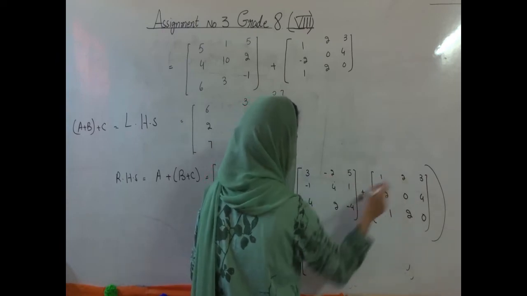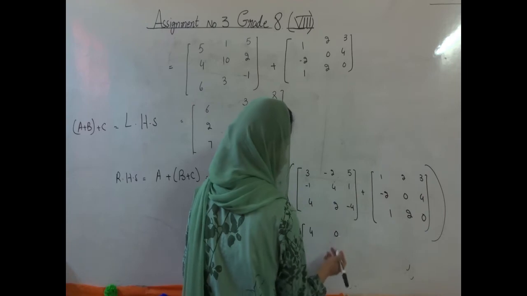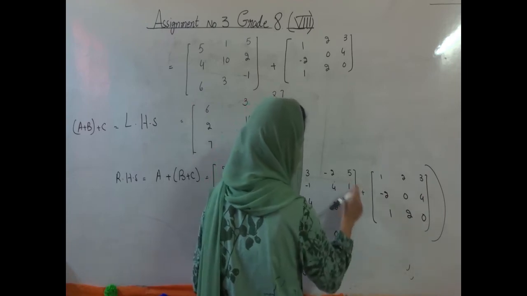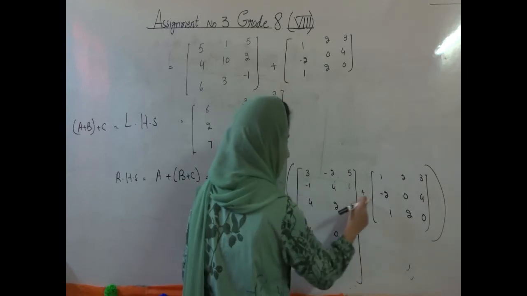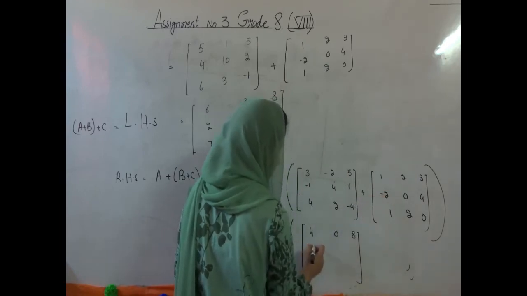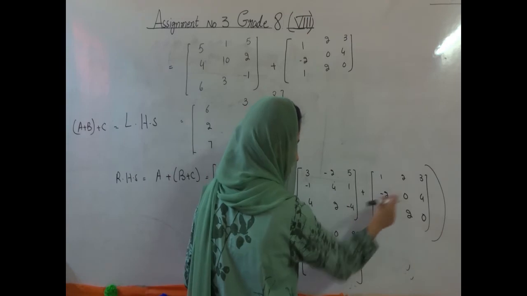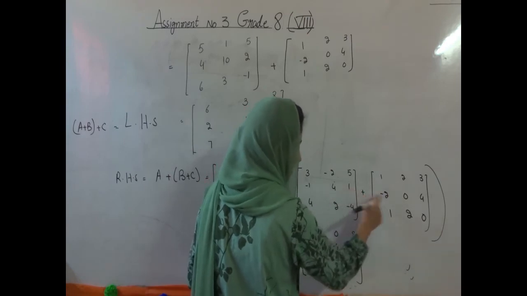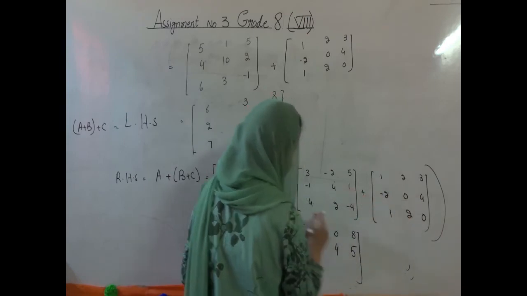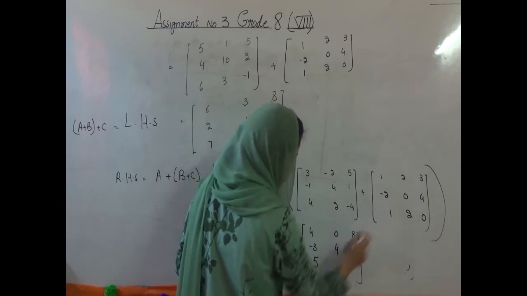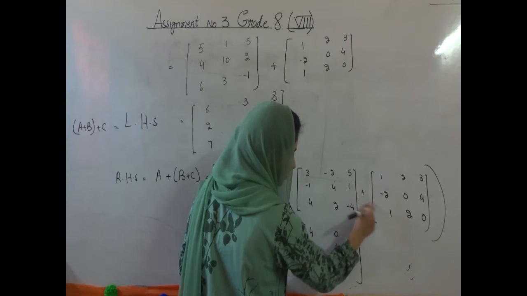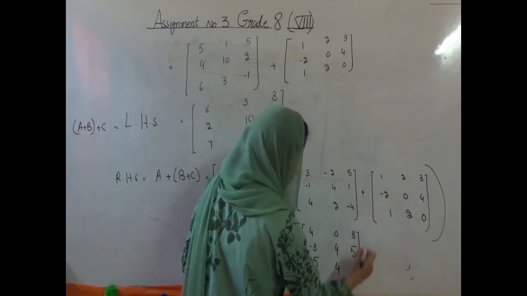Minus 2 plus 2, the answer will be 0. 5 plus 3, 8. Minus 1 plus minus 2, minus 3. 4 plus 0, 4. 1 plus 4, 5. 4 plus 1, 5. 2 plus 2, 4. Minus 4 plus 0, minus 4.